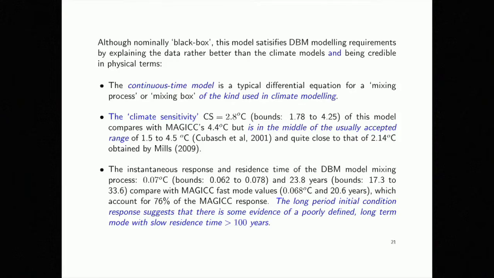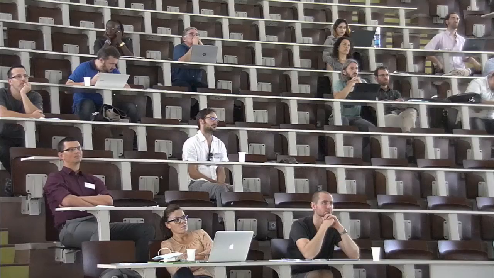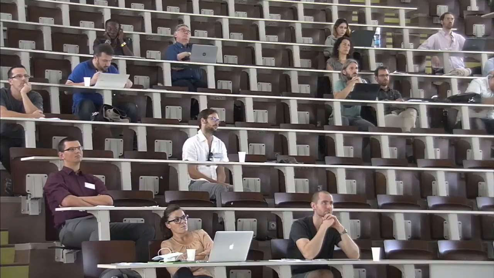Why they say 1.78, they might as well say 1.8 to 4.3, because they're never going to get it that accurately anyway. These are uncertain estimates. And so this makes sense. The climate sensitivity of this model is what climate scientists would say is acceptable.